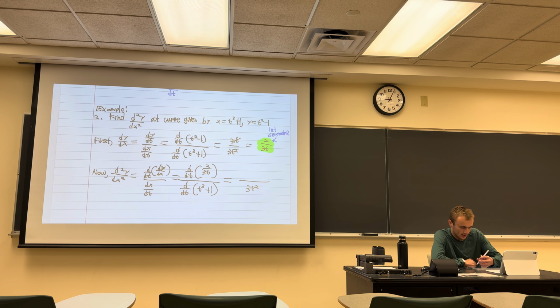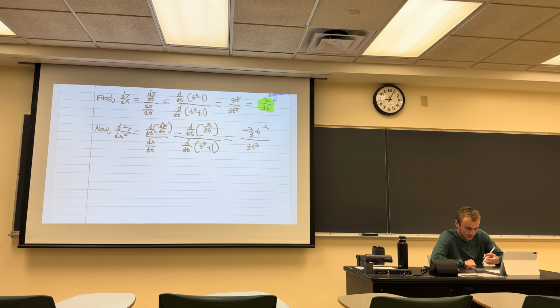That's going to be negative 2/3 t to the negative 2 for that exponent power. And we'll rewrite this whole thing as negative 2 over 9t to the 4th. Simplifies that down some. And then this is equal to d2y over dx2.